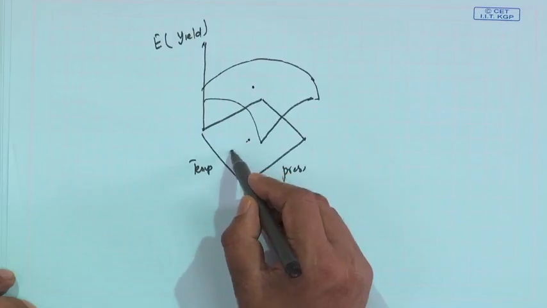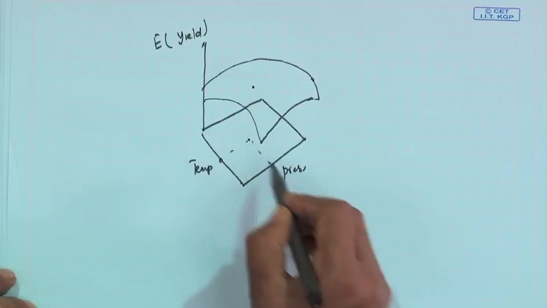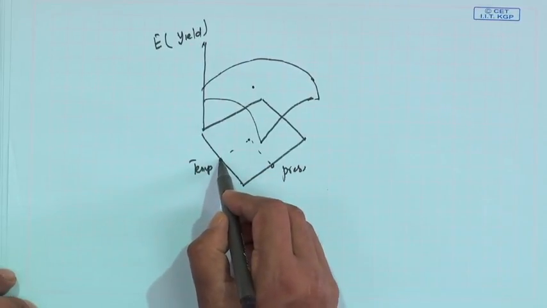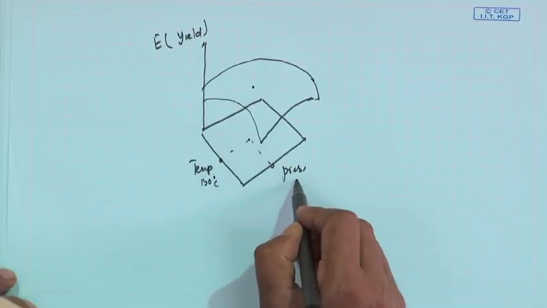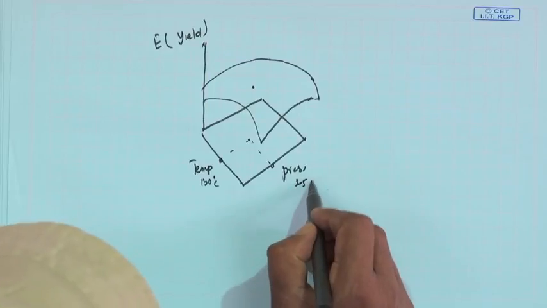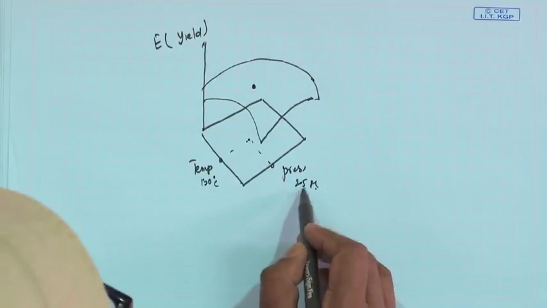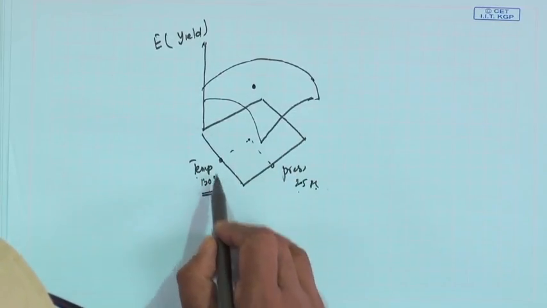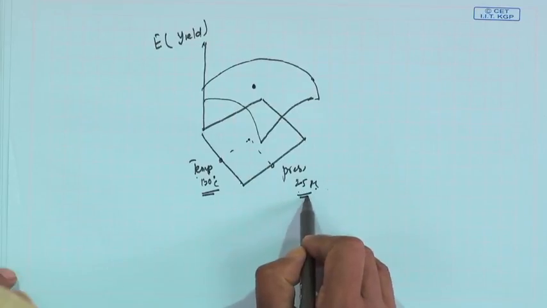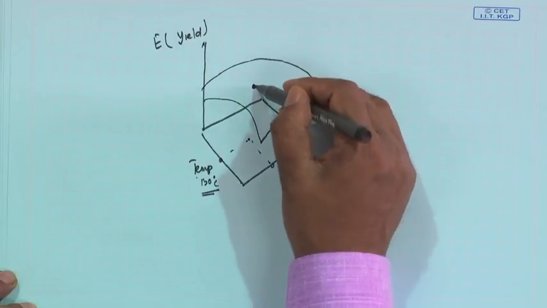Suppose this is 130 degree centigrade, and this one is 25 psi, and the corresponding y value is this. That means if you run the process at 130 degree centigrade temperature and pressure 25 psi, your expected yield value will be this.